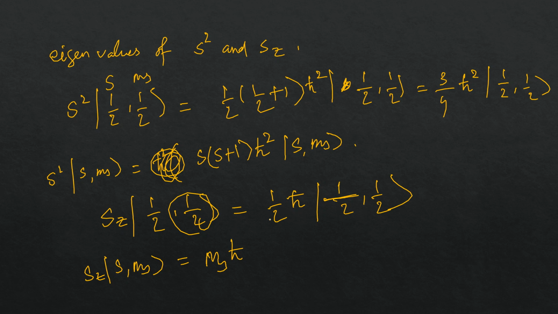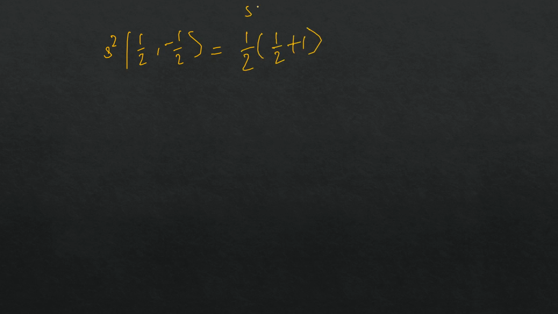For example, s square on |1/2, -1/2>. Even then it is half into (half plus 1), because this is only s now, s into (s plus 1). So it is not affected by this one.